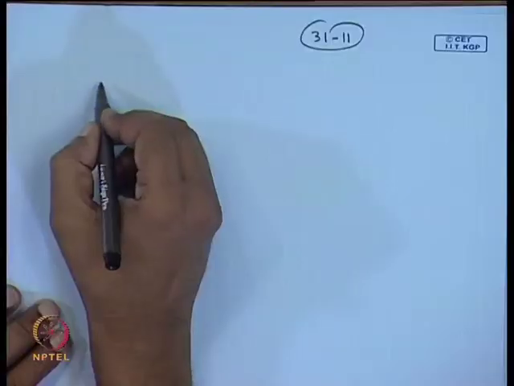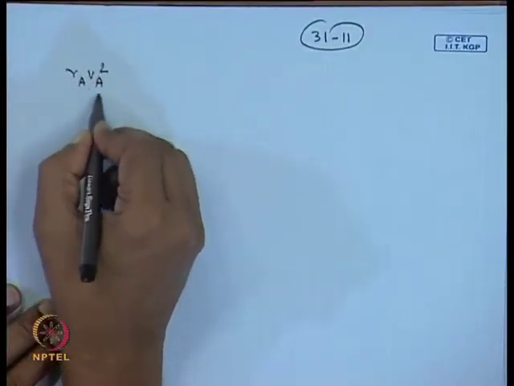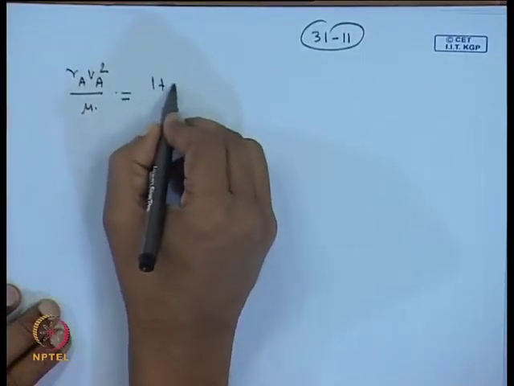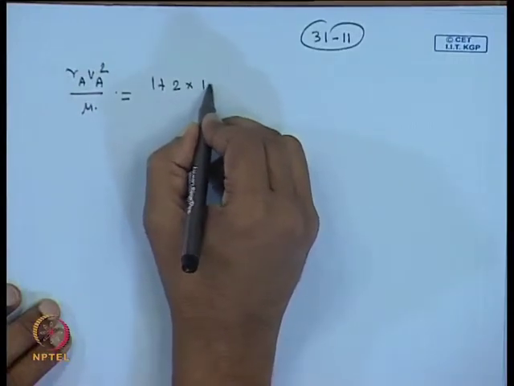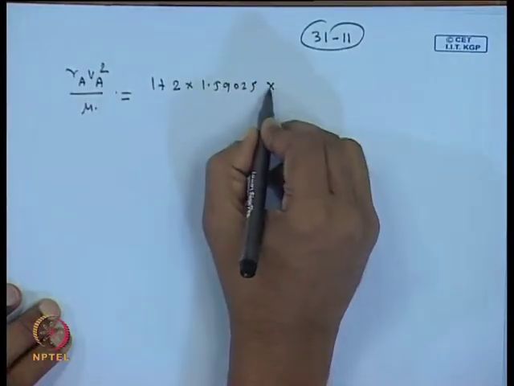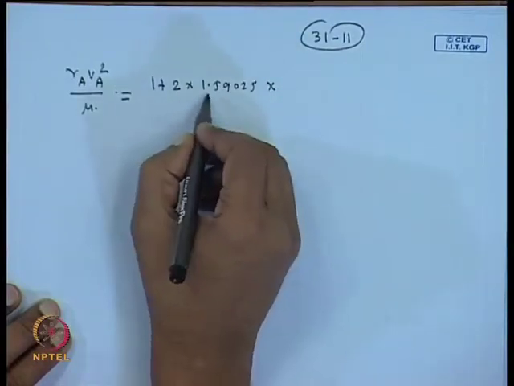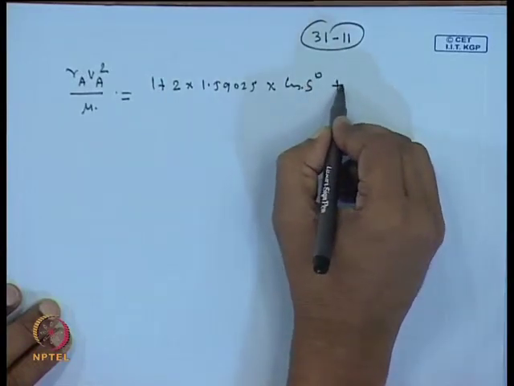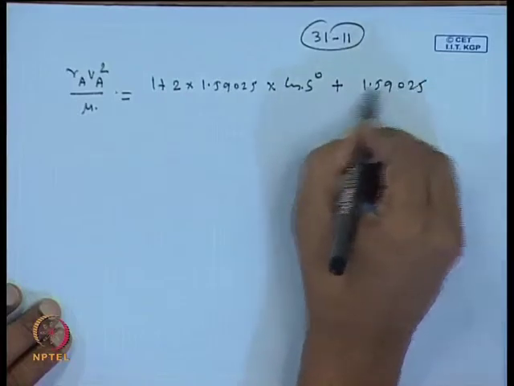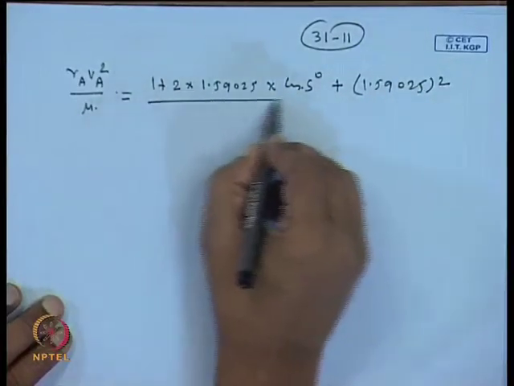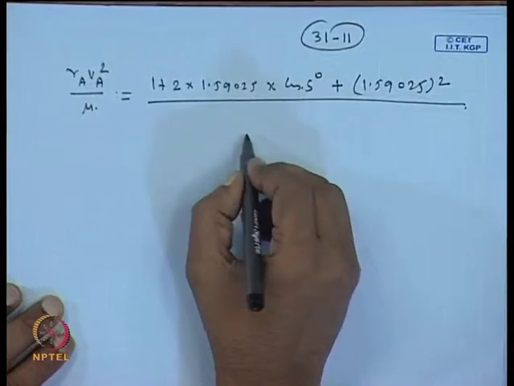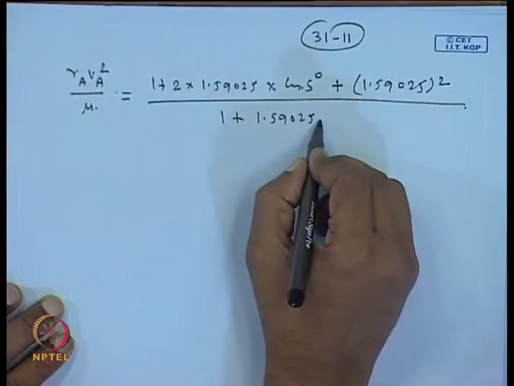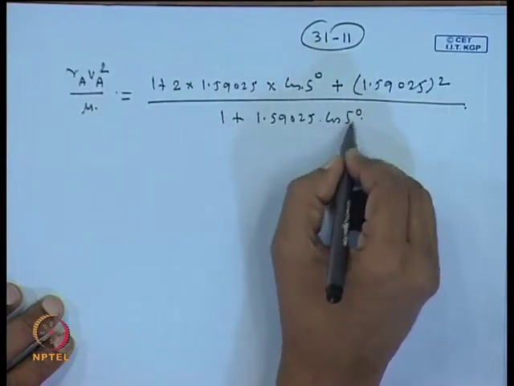Okay, now compute this value. R_A V_A square by mu will be 1 plus 2 and E is 1.59025. Sorry, this, okay, cos theta is 5 degree, plus 1.59025 square, zero to 5 cos 5 degree.